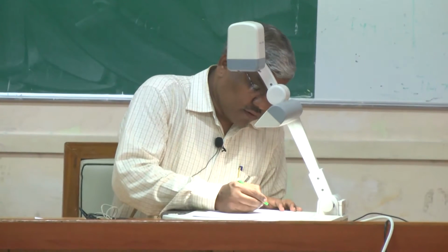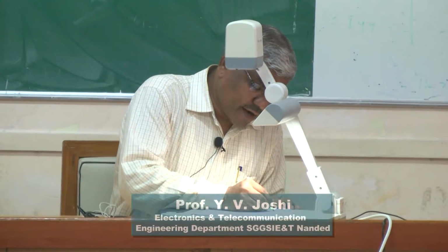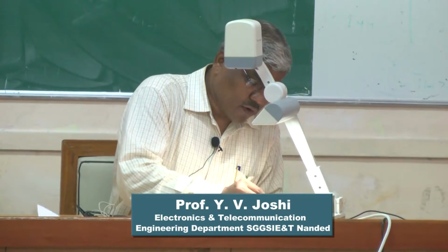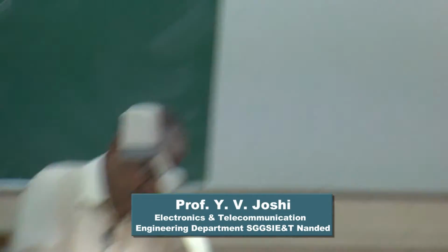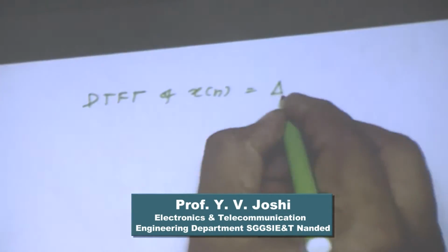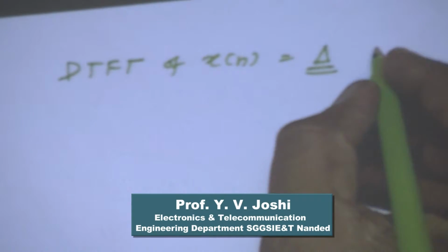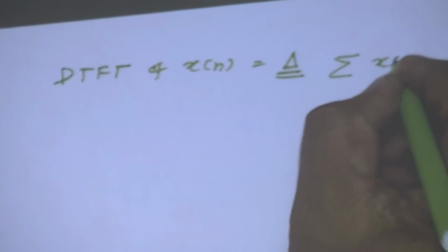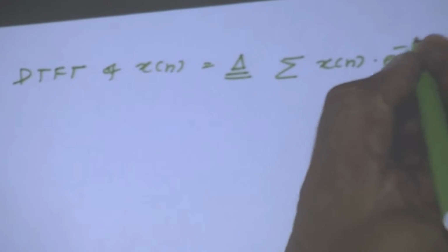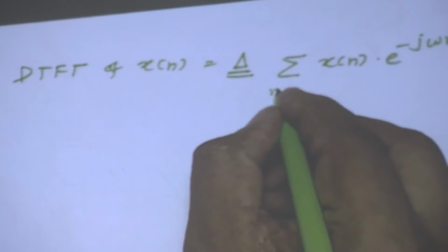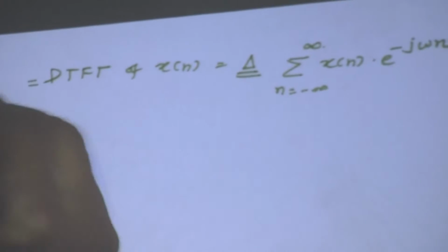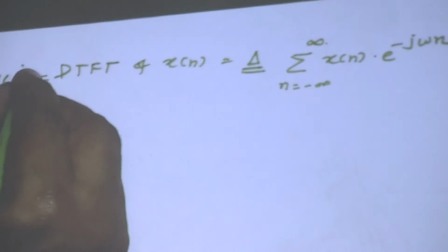We have seen that the discrete time Fourier transform of x[n] is defined as the summation of x[n] into e to the power minus j omega n, n going from minus infinity to plus infinity. We have seen that this is denoted by X(e^{j omega}).